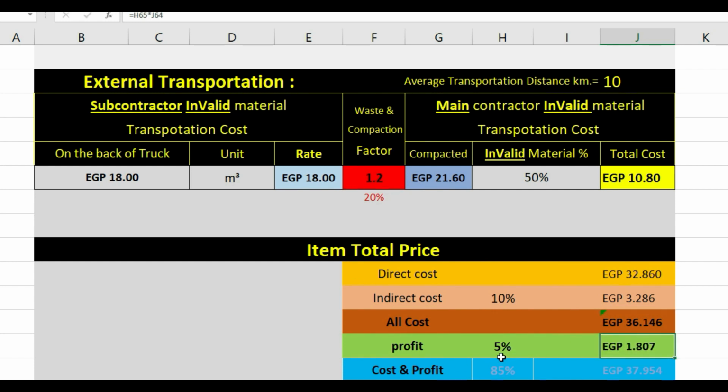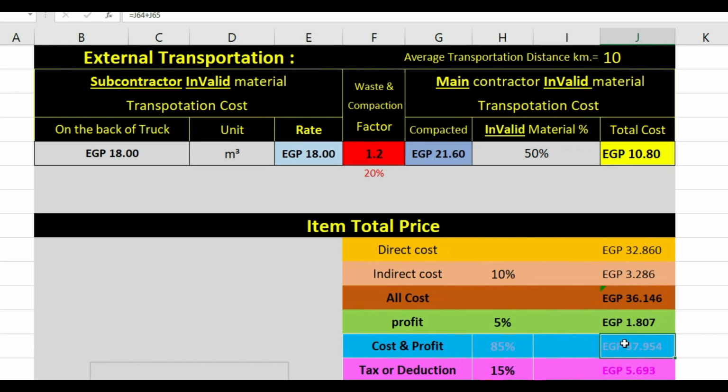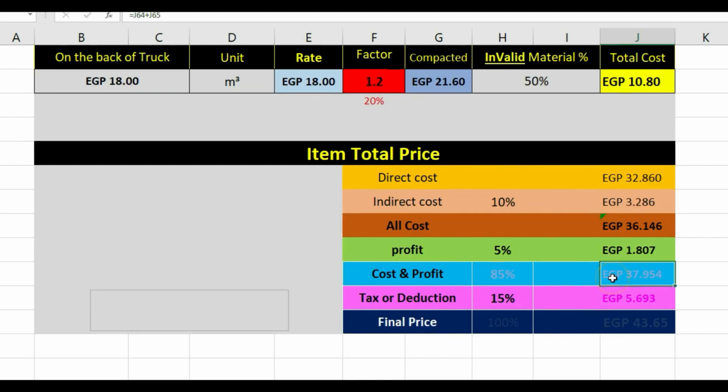If the profit is 5%, it means that the profit will equal 5% multiply all cost. We have here 1.807. A cost and profit equal 37.95. Let's check.